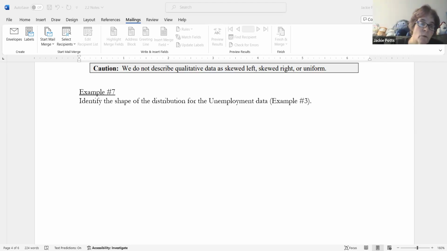So histogram for rate. Look at that. If I was to draw a bell over that, would it have a tail? The answer is yes. It would have a tail going to the right. All right. That's it. So this one is skewed right.